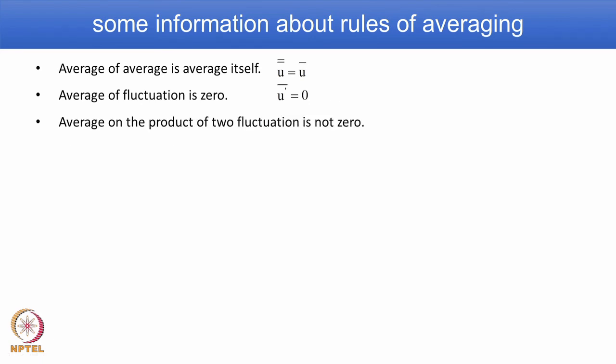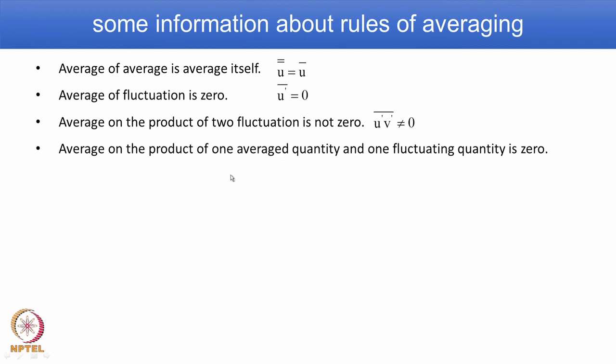Average on the product of two fluctuations however is not 0. If you take u prime, which is a fluctuation for u velocity, and v prime, a fluctuation for v velocity, and you apply a time averaging on their product, it need not be 0.